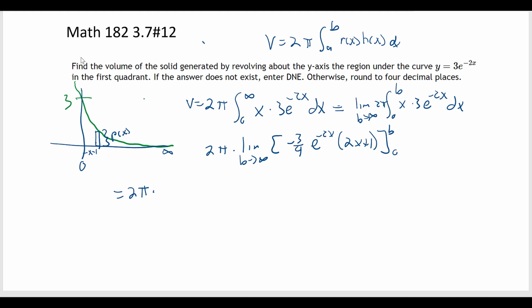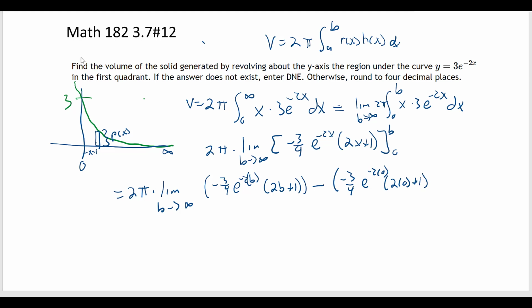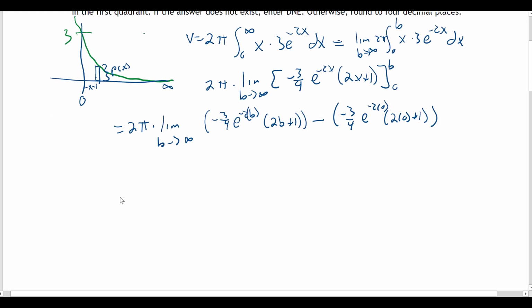2 pi times the limit as b goes to infinity of negative 3/4 e to the negative 2 times b times 2b plus 1, minus negative 3/4 e to the negative 2 times 0 times the quantity 2 times 0 plus 1. I'm going to clean it up a little bit.